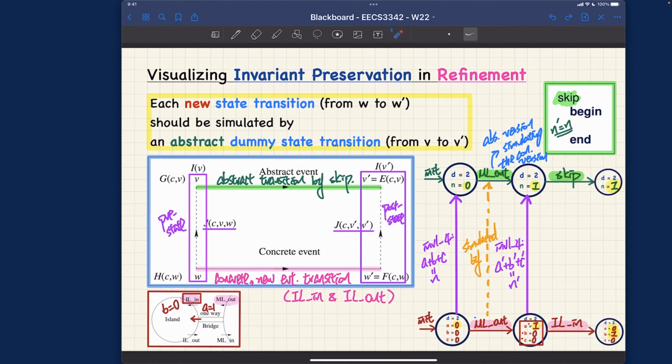That's the most important thing to check, right? We want to make sure this event here is really simulated by this event, because the only way to check it would be to make sure the corresponding post states over here can still be related by the same concrete invariant, invariant number 4. It's a very important big picture for you to understand what kind of exercise we're doing over here.